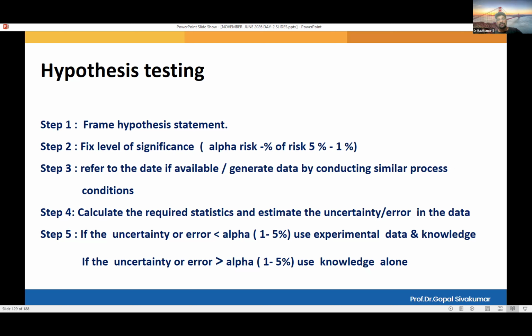In our case also, if there is sufficient data available regarding that particular hypothesis, regarding that particular cause, you can refer to it. Otherwise, you have to create a data collection process. How? Develop a similar situation and collect the data once again.